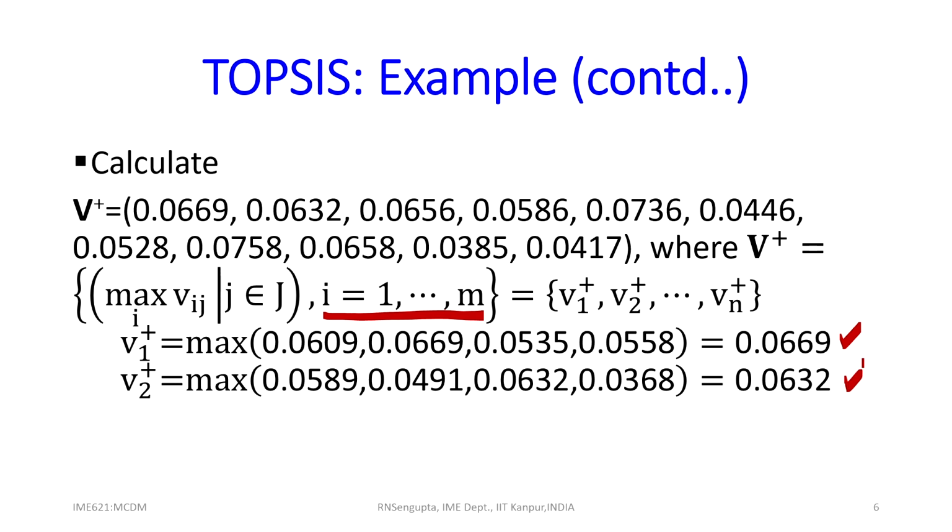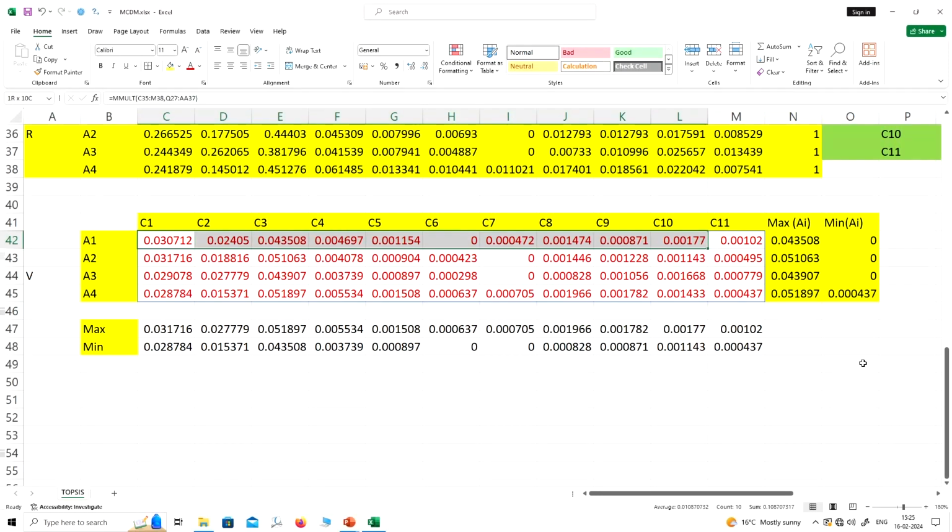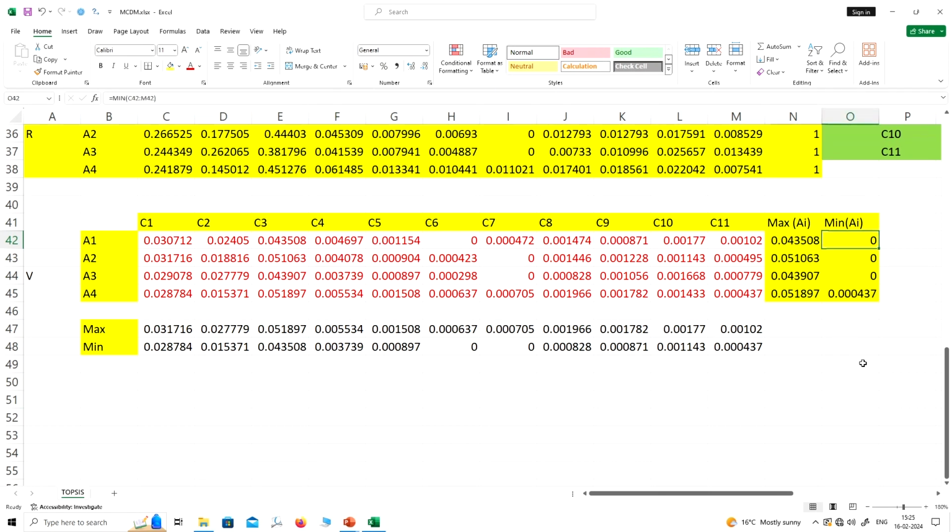Now, the reason I am doing it along the row and along the column is based on how your representation of the rows and columns is. If the rows and columns correspond to alternatives and criteria or criteria and alternatives, you have to basically interchange them. So, these are the cases when the values are found based on the alternatives being along the rows, and these are the minimum values and the maximum values.